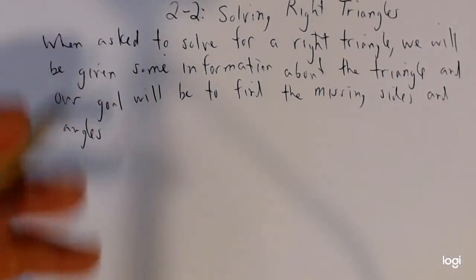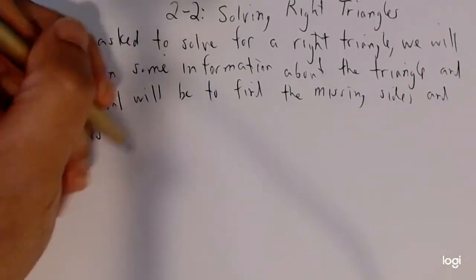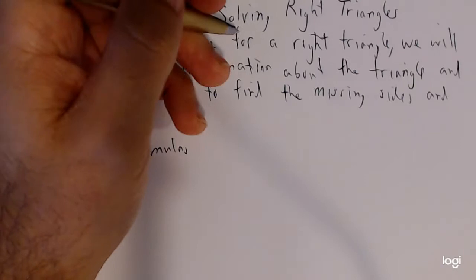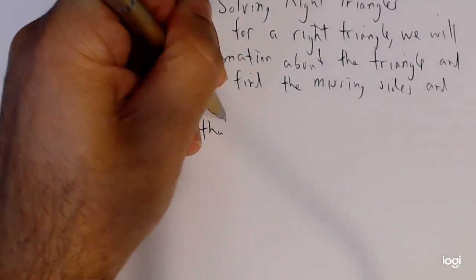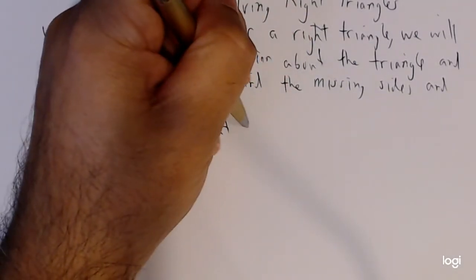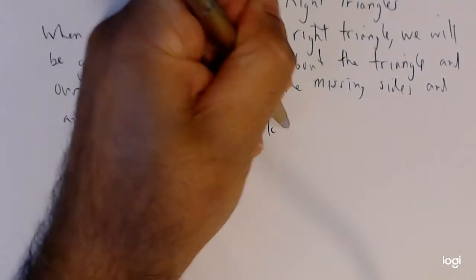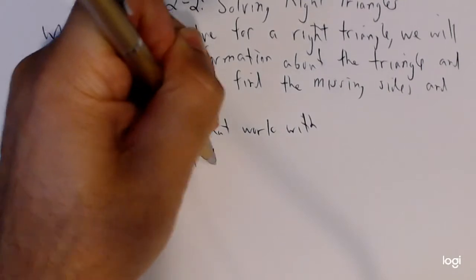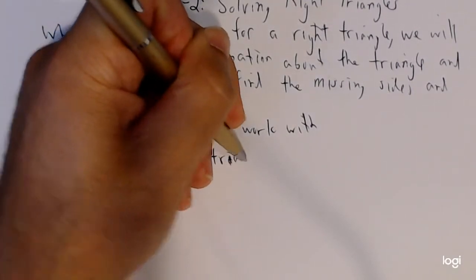So before we do some examples, let's write down real quick the formulas that work with right triangles. I want to give you a rundown of what we can use.